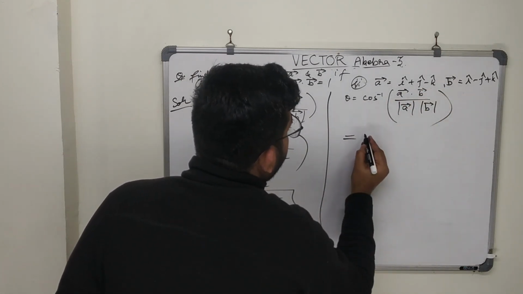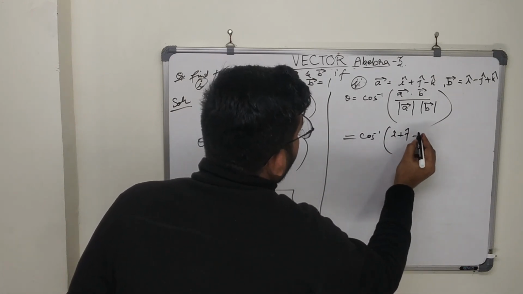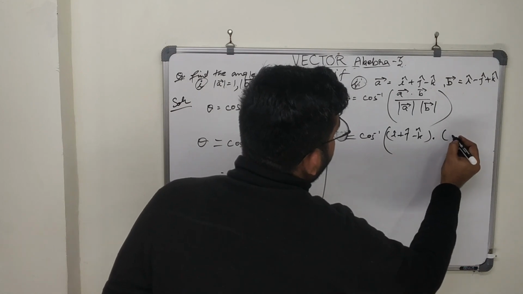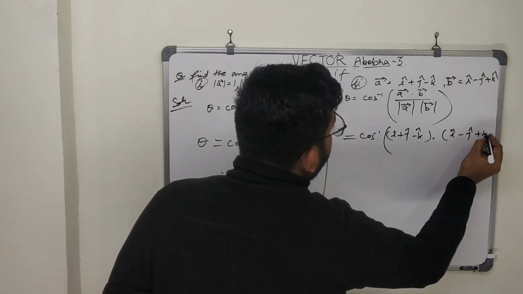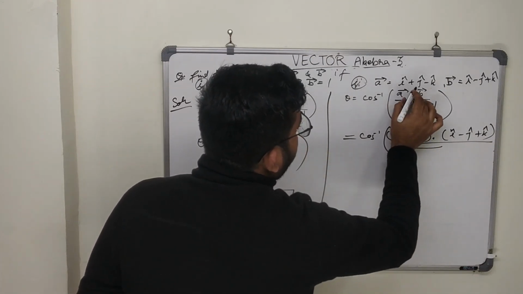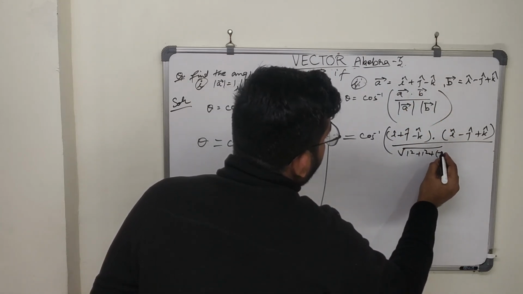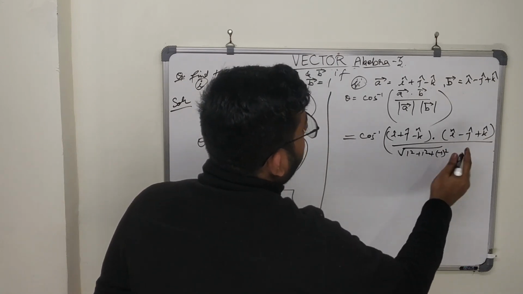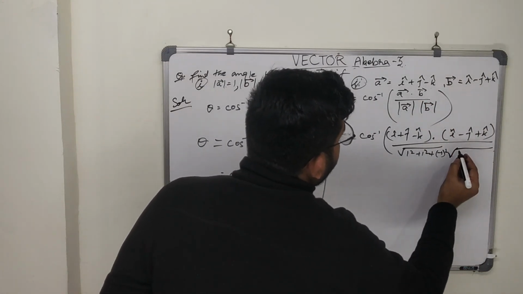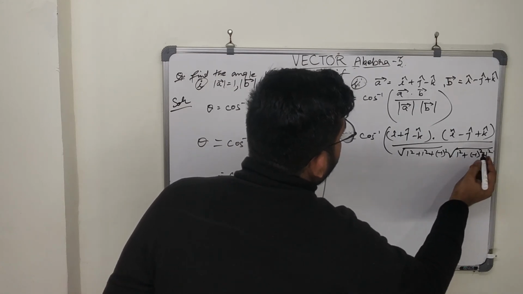Now putting the values, cos inverse of i cap plus j cap minus k cap dot product i cap minus j cap plus k cap, upon magnitude of a vector, which is under root of 1 square plus 1 square plus minus 1 square, into under root of magnitude of b vector, that is 1 square plus minus 1 square plus 1 square.